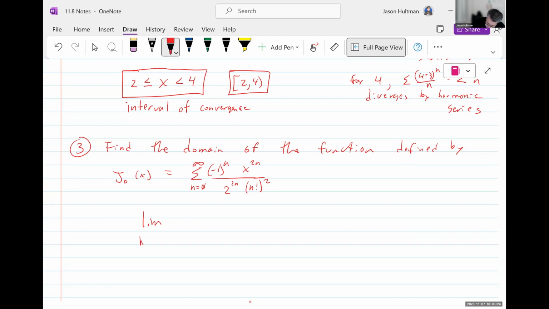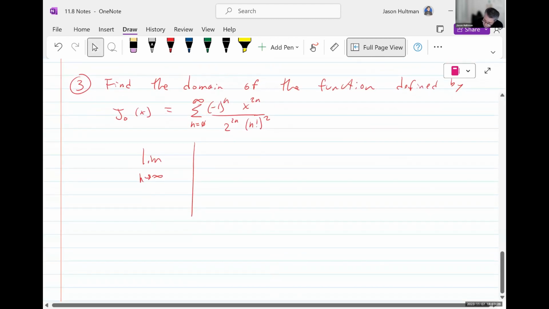The limit as n goes to infinity of, this one's going to be a big one.